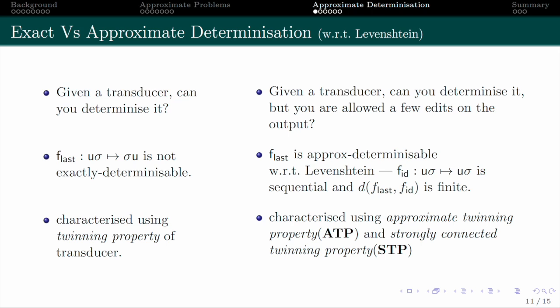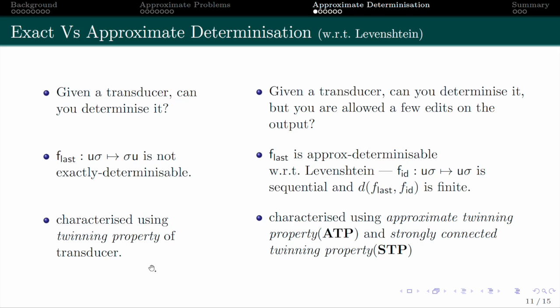While in approximate determinization, you ask, can you determinize it, but now you are allowed a few edits in the output. As you have already seen, F last is not sequential, that is, it is not exactly determinizable. However, F last is approximately determinizable with respect to Levenshtein, since the anti-function is sequential and their distance is finite.